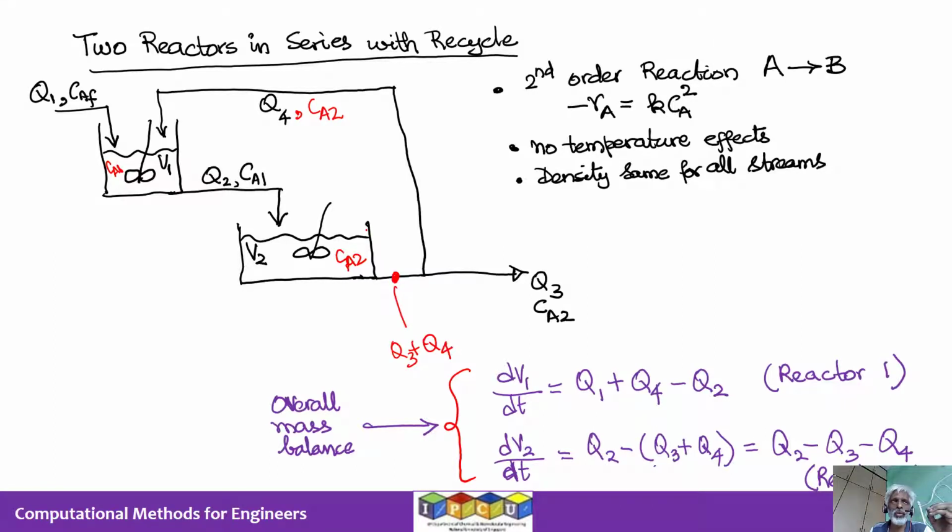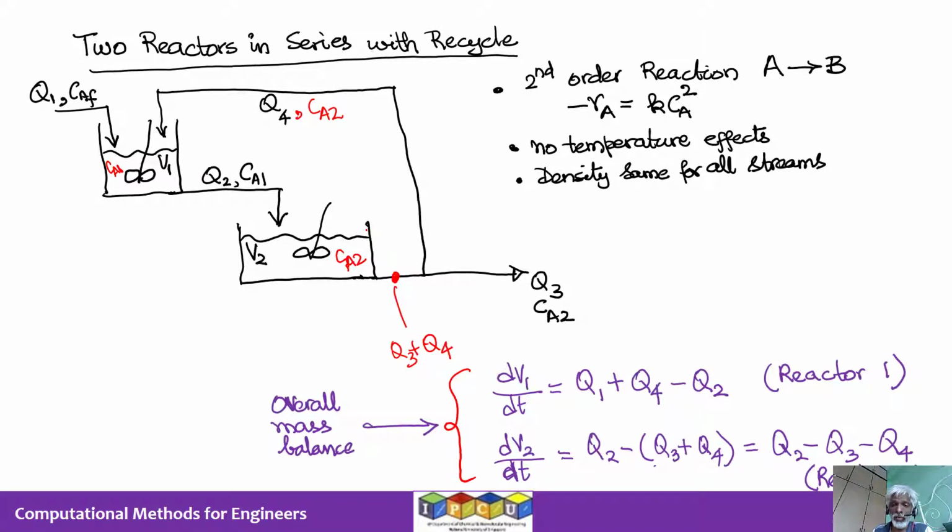We can write an overall mass balance for reactor 2 and species A balance for reactor 2. That is the principle we'll adopt here. Alternatively, we can write species balance for A, species balance for B for reactor 1, and species balance for A and species balance for B for reactor 2. That's also fine. In any case, we will have 4 equations.